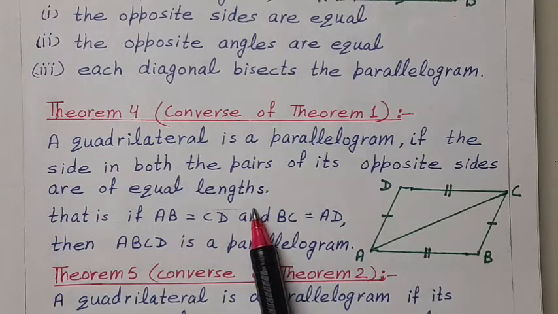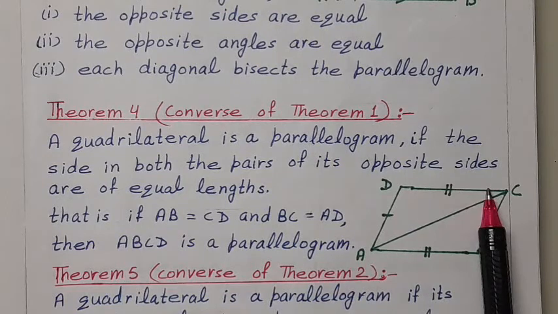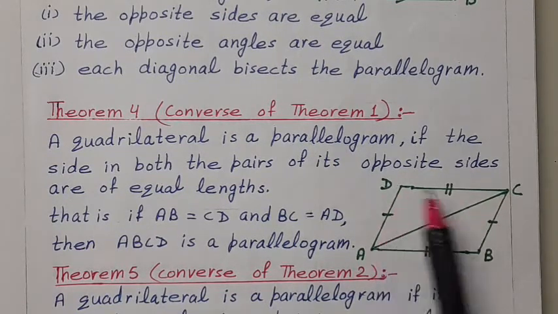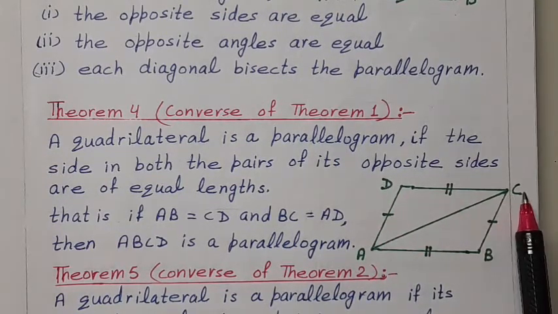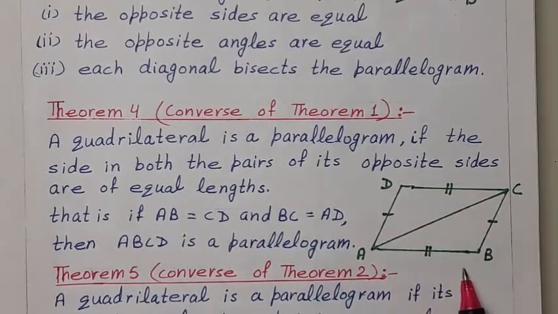That is, if AB is equal to CD and AD equal to BC, then ABCD is a parallelogram.